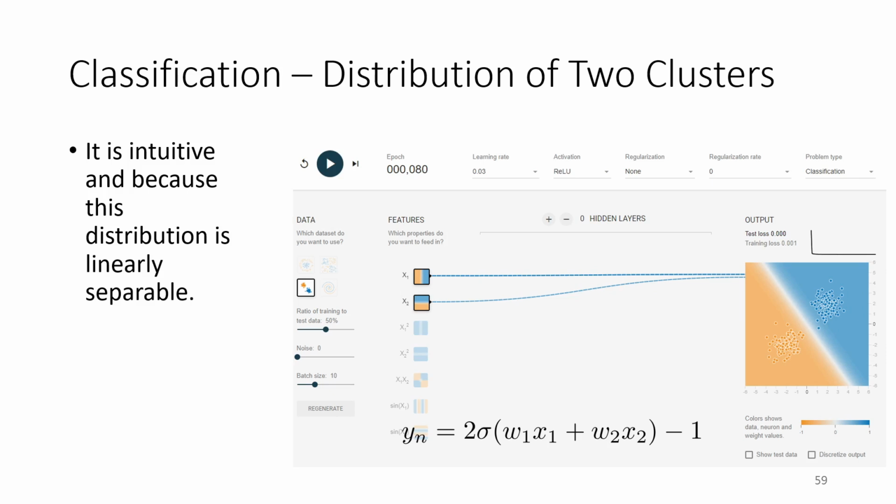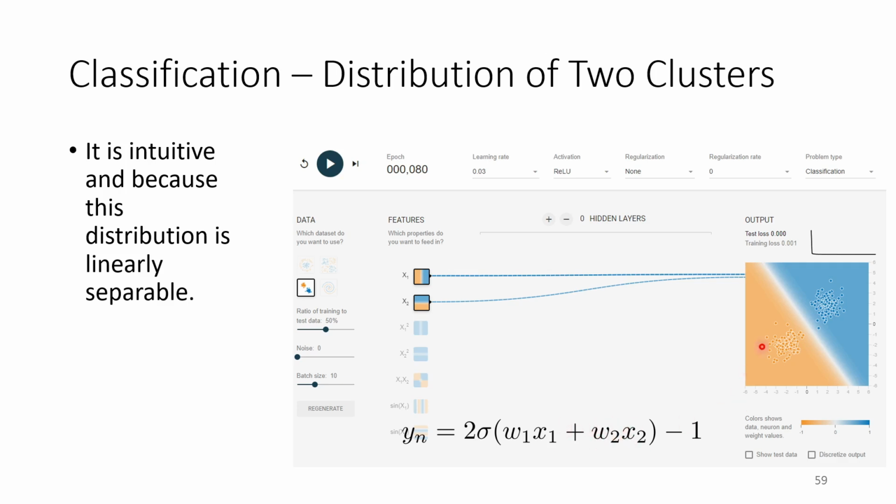Alright, so the third distribution, or third data type, of the classification task is two clusters. It's easy to solve. If I just use the x1 and x2 features, it's straightforward, because in this case you will see this is x1 times the first weight, and x2 times the second weight.